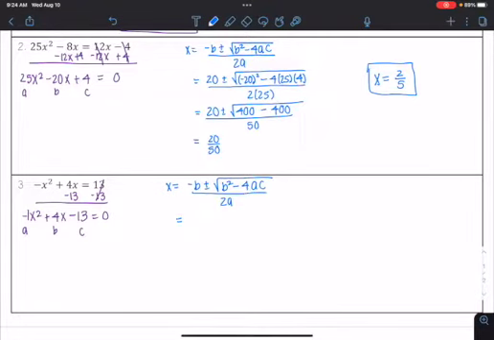So I want to take the opposite of b. Here b is 4, so this is going to be negative 4 plus or minus the square root of 4 squared minus 4 times a, which is negative 1, times c, which is negative 13, all over 2 times a, which is negative 1.